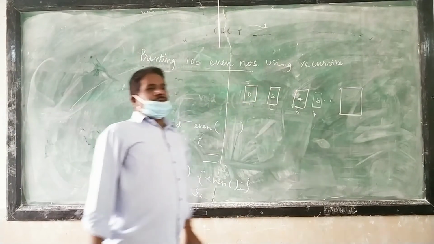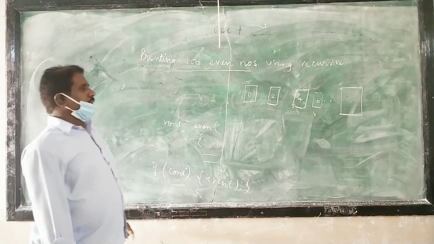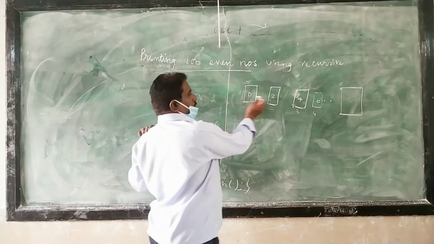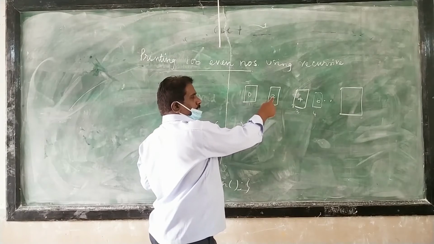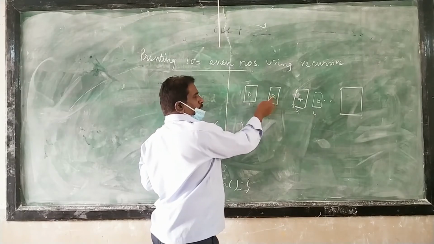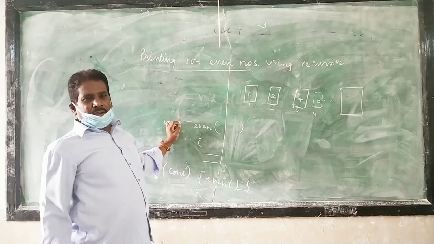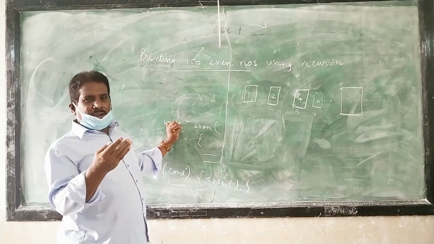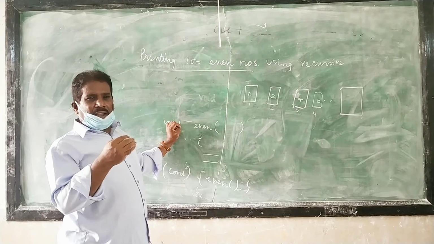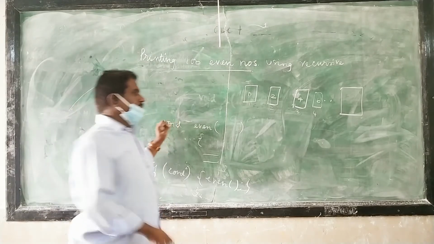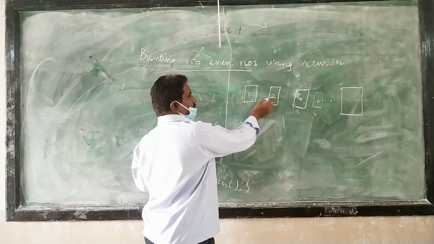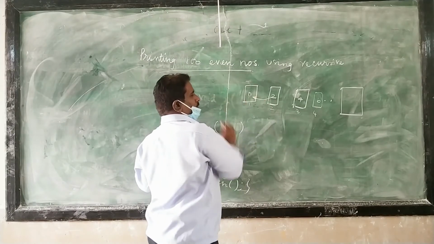So what should be done? The next block value is based on the previous block value, isn't it? So what is the relation with the previous block value?